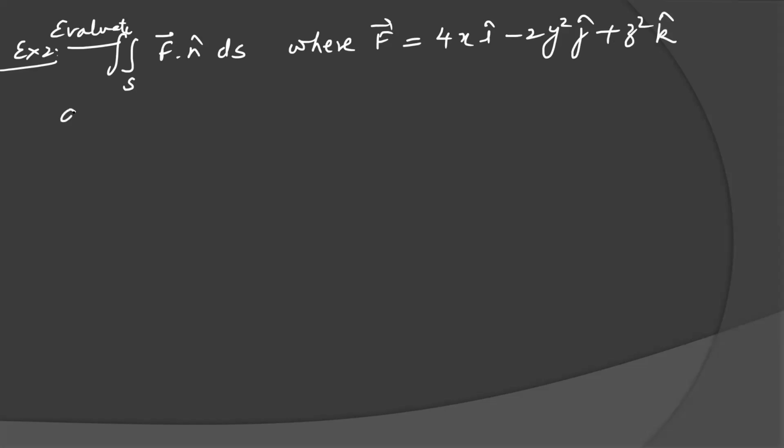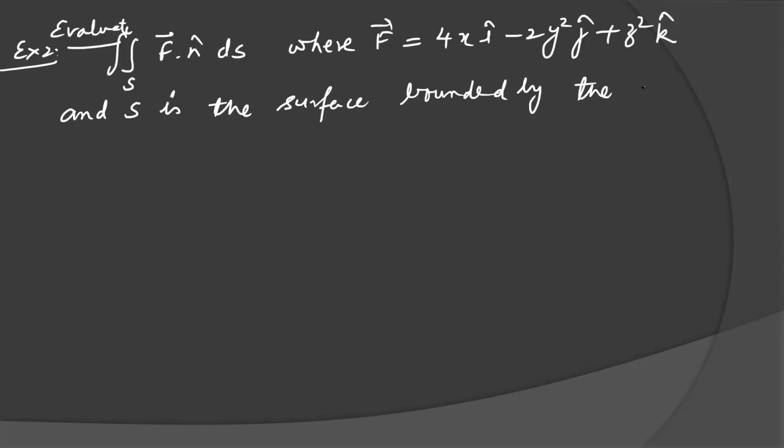This is an important question, and I will tell you a very small trick for this. And S is the surface bounded by the region x square plus y square equal to 4, z equal to 0 and z equal to 2.